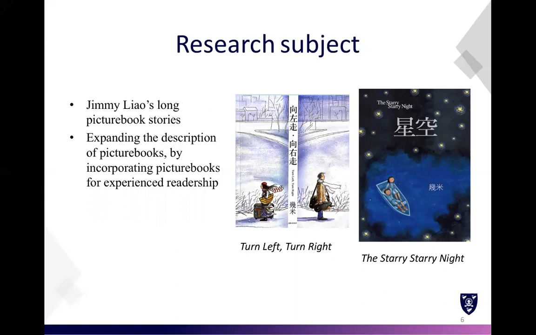Against this background, this study selected two Chinese picture book stories authored by Jimmy Liao, which can be considered representative works of adult picture books or 成人绘本, popular in the region of Taiwan or Greater China. The term adult picture book or 成人绘本 has been coined, especially in Taiwan, to refer to picture books targeted at more mature readers.